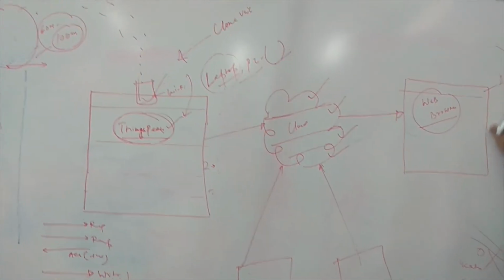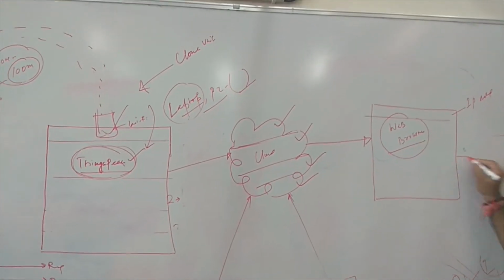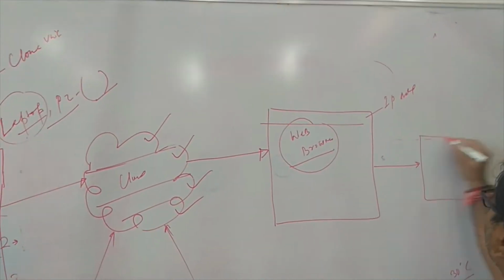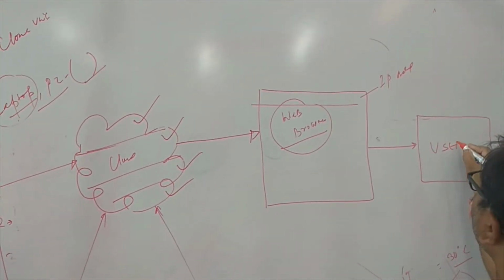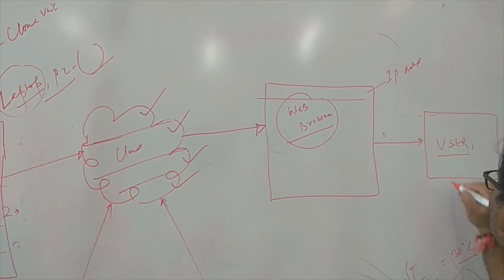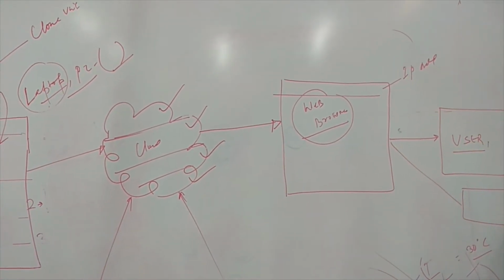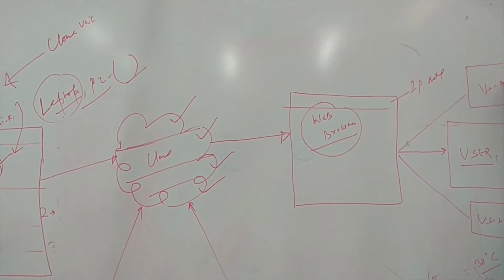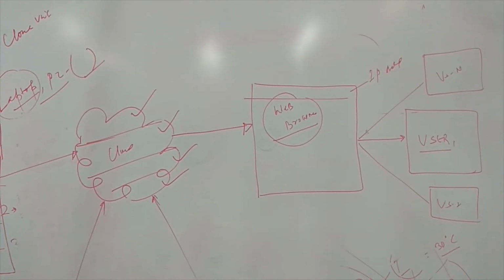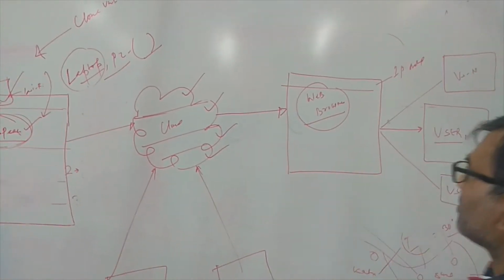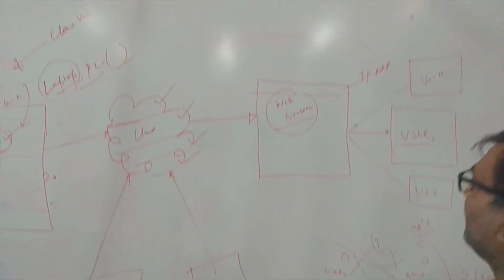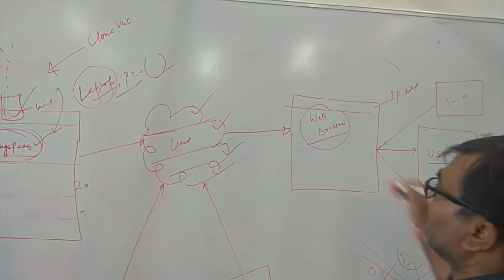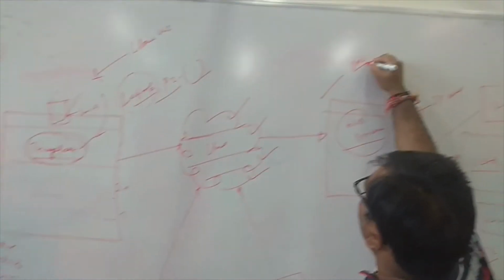After the web browser, here is your user: user 1, user 2, user n. So an infinite number of users can interface with the web browser, but at the same time it depends on the cloud limit, and also on which type of DNS you have.